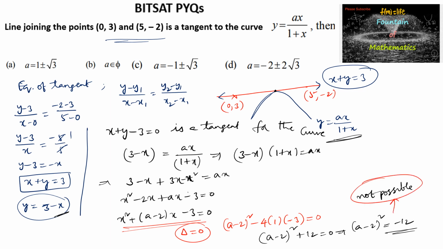Hence we can say that the set of values of a must be the empty set. So we can go with option B.